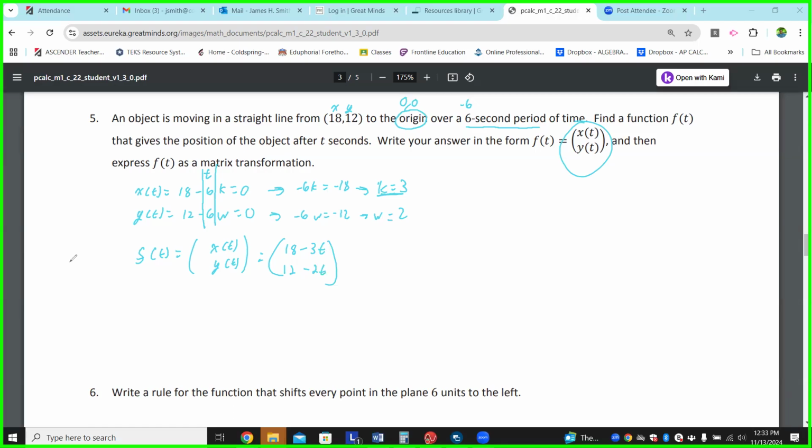Right. So then to write as a matrix transformation, we can now do what we did on the previous problem. What does 18 minus 3t have in common? 3. So I can now factor out the 3, and what would be left? Okay. On the bottom, what does 12 minus 2t have in common? 2, and what is left?